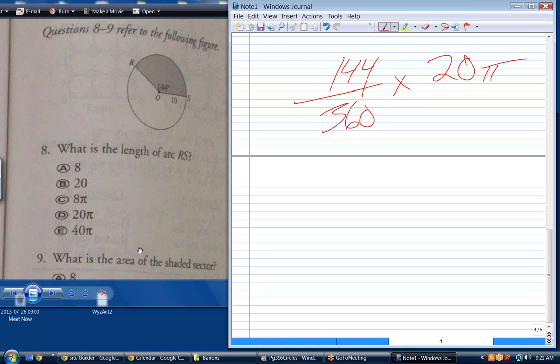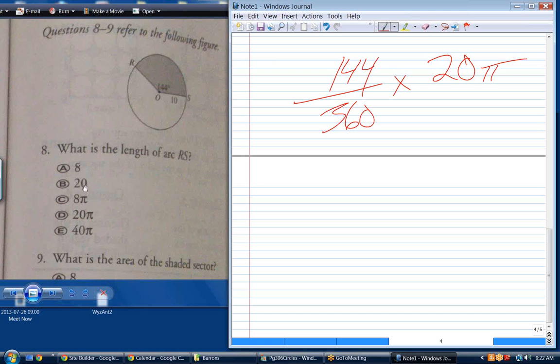That's one you could almost guesstimate based on the spread between their answers. They don't give you very close answers here. We certainly know it's not 20 pi or 40 pi, because it's a little bit less than half of the circumference. So a good guess was 8 pi, but then I saw that they've got two other answers here that don't have a pi.